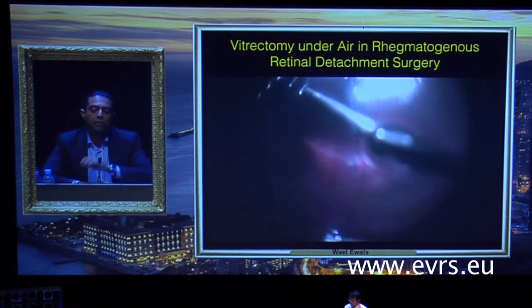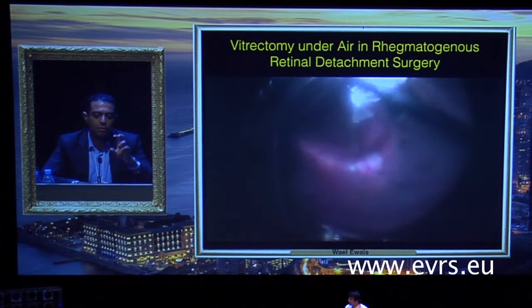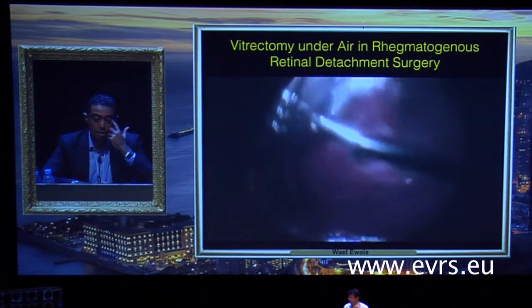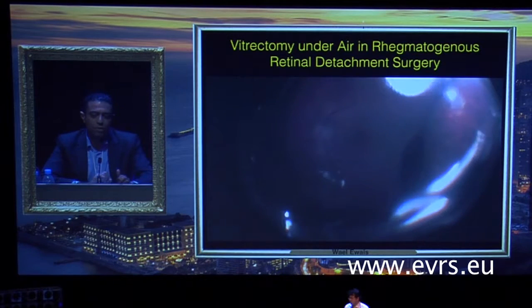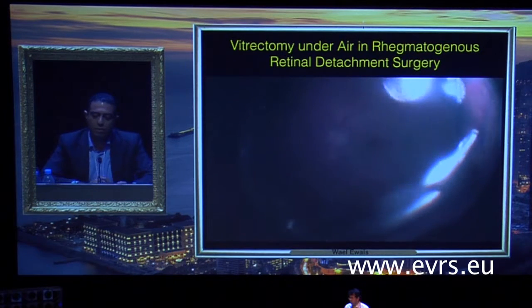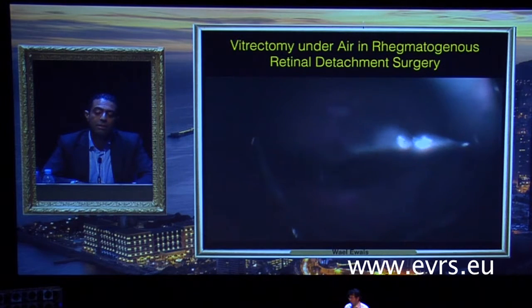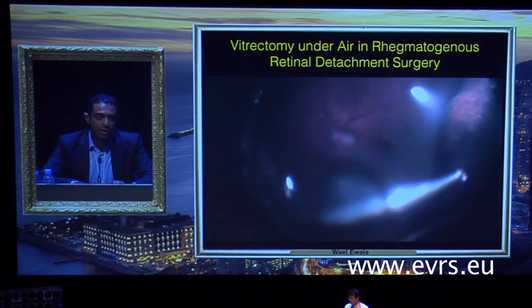I would like to tell you that even if I stop at one spot and use my cutting and vacuum settings, vitreous will come to me. I don't need to go that much everywhere looking for the vitreous. And one other point is that I work with high vac.